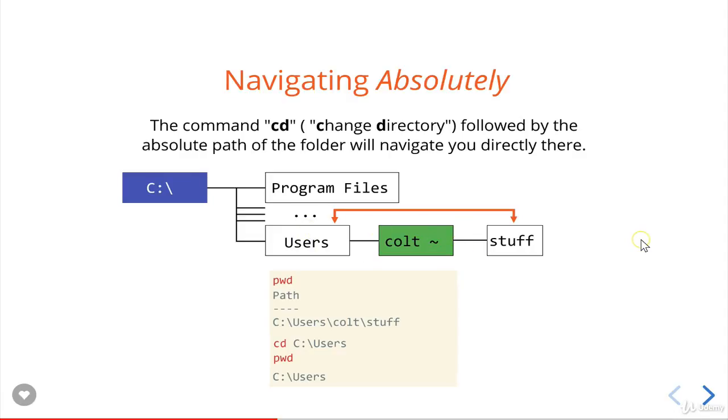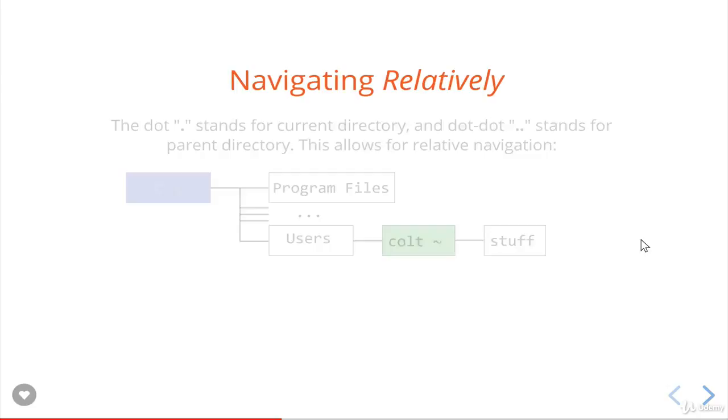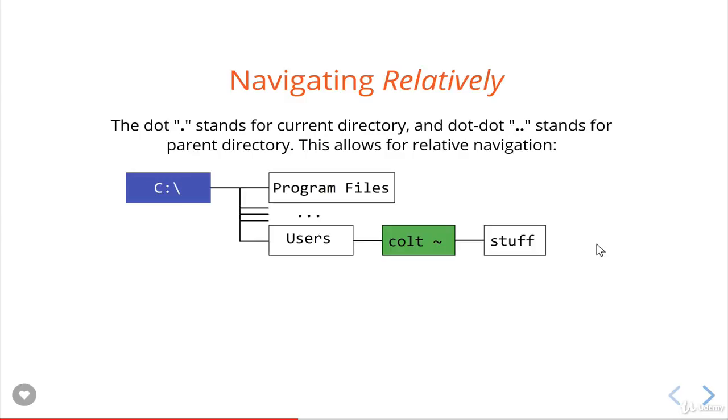Or what I'm going to show you in the next slide is an alternative way to navigate relatively using your current position. So imagine I had the same scenario and users directory, cult directory, stuff directory. If I'm currently in the stuff directory and I want to go back to the cult directory, I don't have to type cd \users\cult.